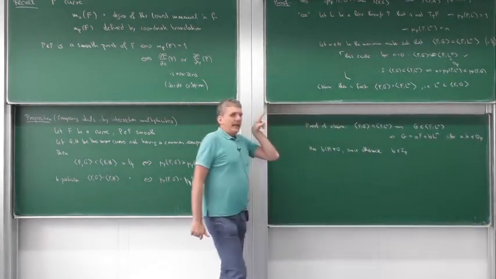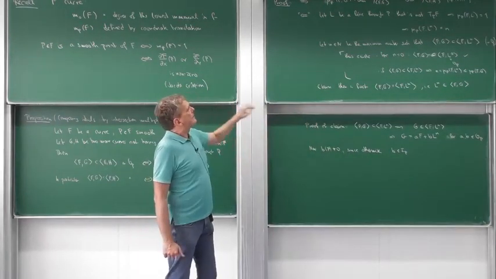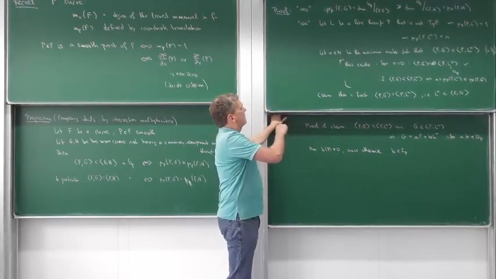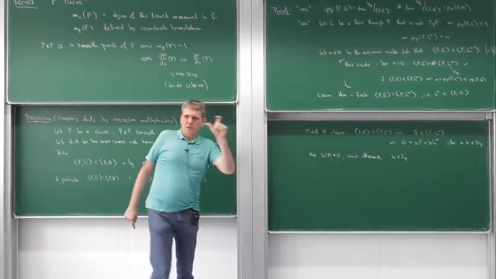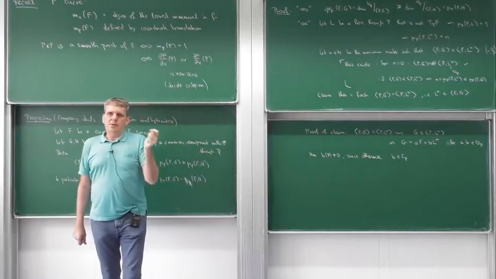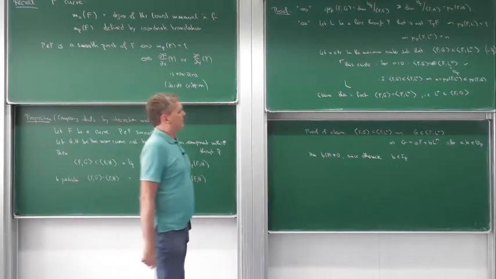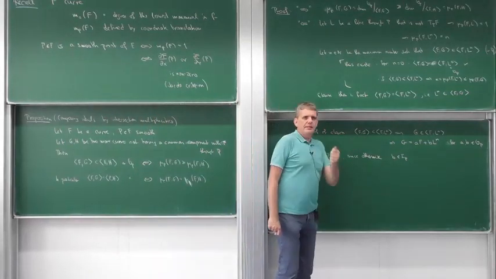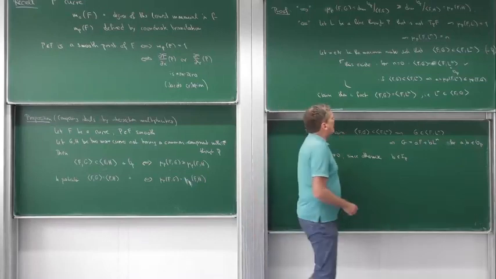And this ideal we had seen already is generated by any two elements that have intersection multiplicity 1 there. So there was another equivalent statement of intersection multiplicity 1, that the ideal that they generate in the local ring is just this IP.